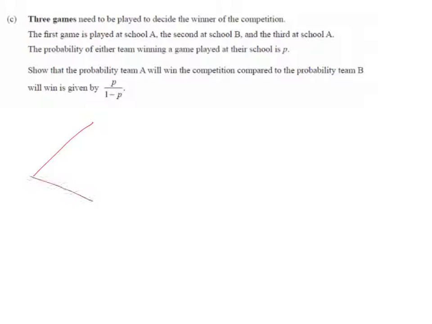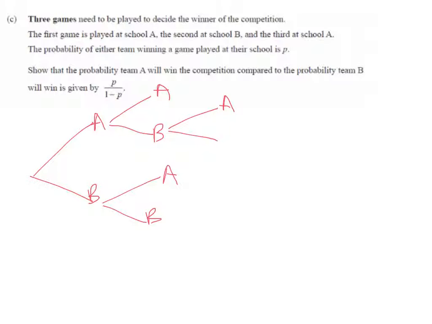So we set up our tree again, like this. A, B, A, B, A, B. We only play a third game if it's gone one game to each school. So it should look like this. I'm going to put the probabilities on.